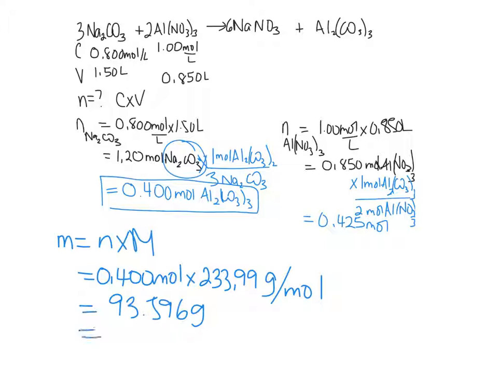So round that off. 93.6 grams of aluminum carbonate is formed.